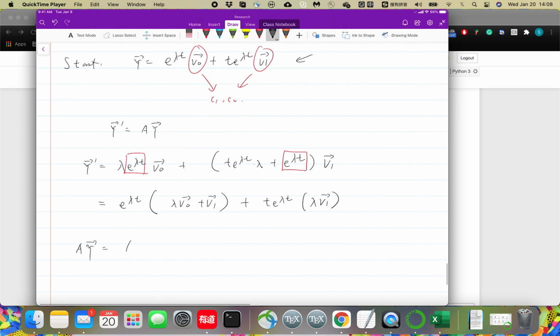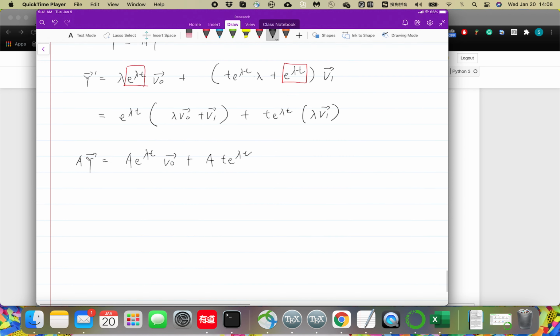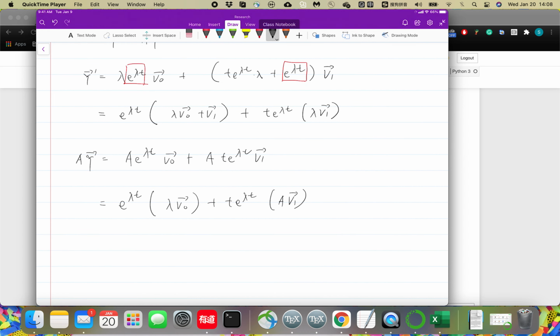So you got A e^(lambda t) v0 plus A t e^(lambda t) v1. Let's clean things a little bit. To put e to the lambda t here, we got lambda v0 plus t e^(lambda t) A v1. Okay, this should work for any t.